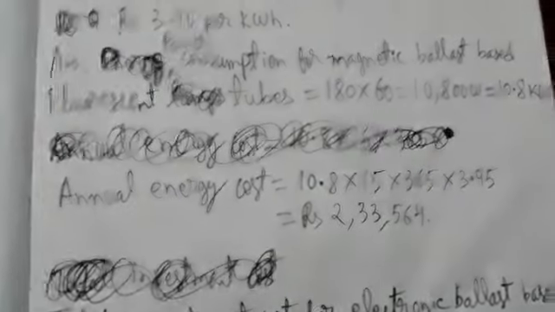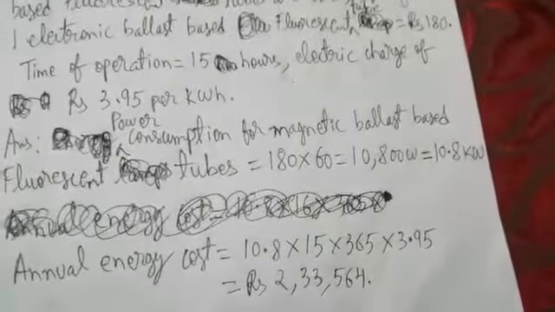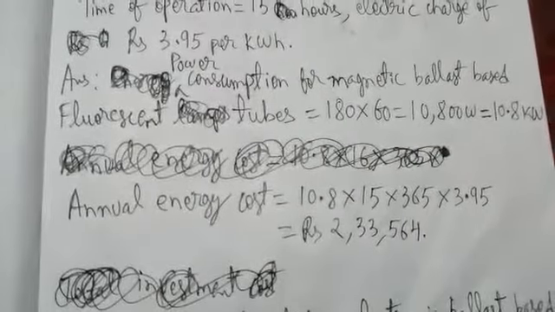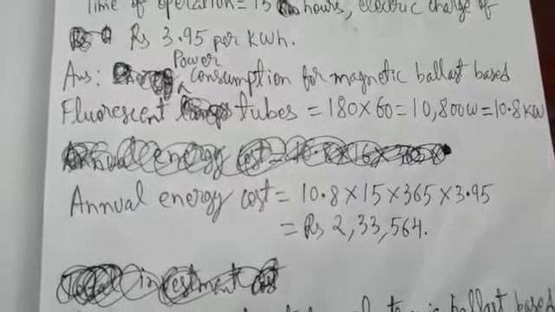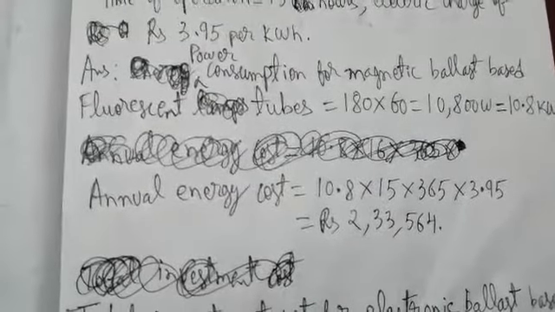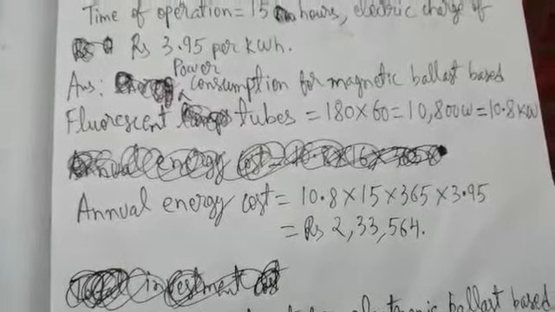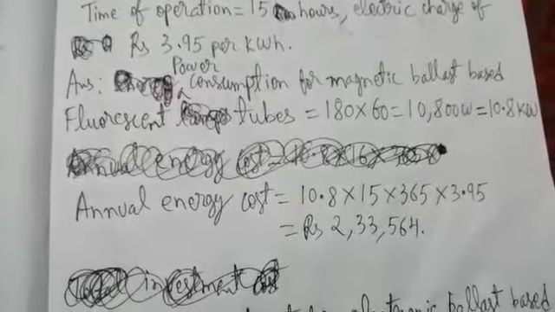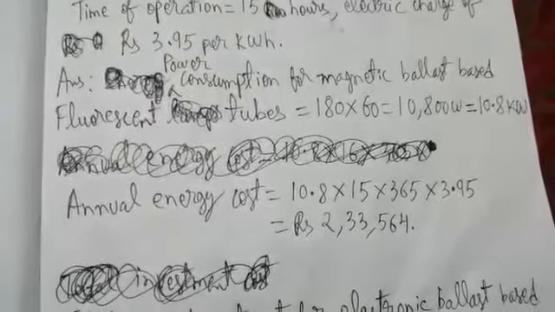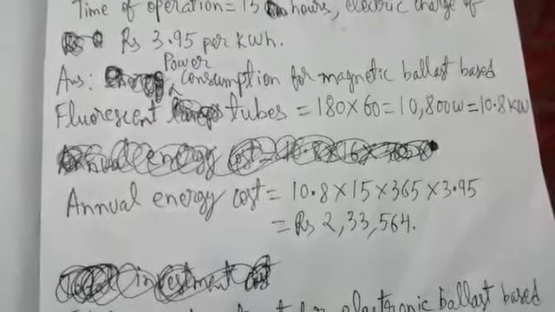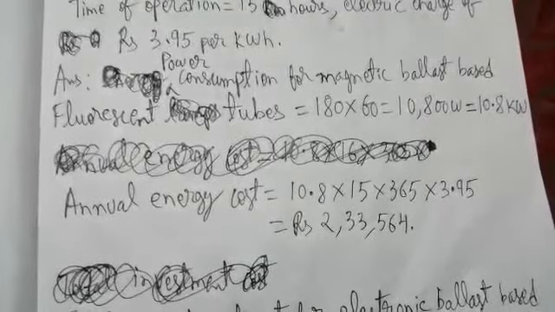It will be nothing but the power that you got, 10.8 kilowatt. This is the power. Now you have to convert it into energy. So 10.8 into 15 hours. 15 hours means in a day for 15 hours all these tubes will be in operation. Then this is for one day, but we need to calculate it for the entire year, hence multiply it with 365.